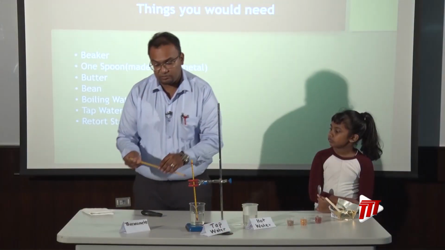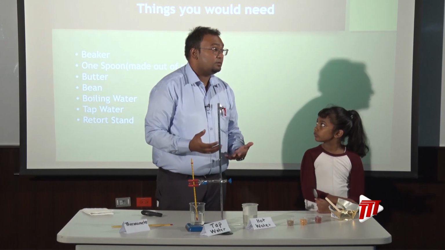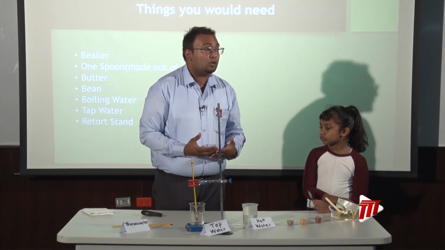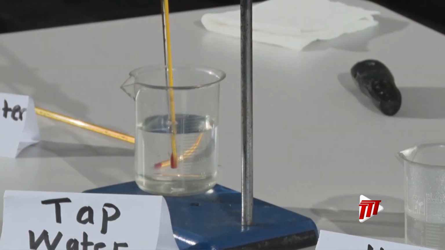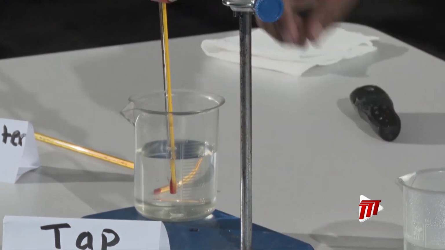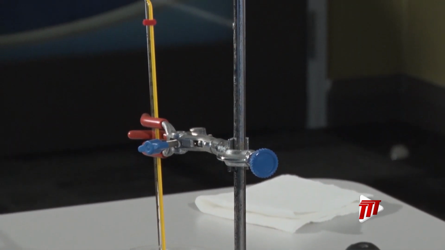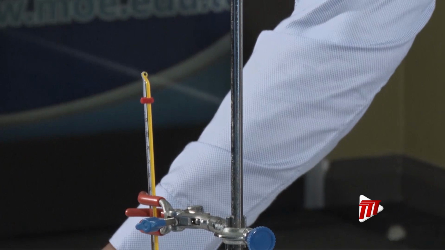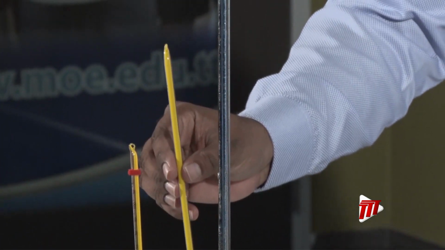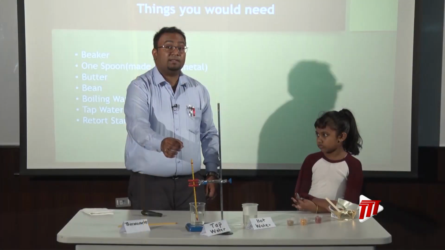In some cases, where you would need the thermometer to be there for longer, you may need something to hold it up. So what I have here, this shiny metal thing with the arms, is called a retort stand, and that's just to hold things in place. I could stand and do the same experiment today, holding it like this, but we could use the retort stand instead of just standing there.